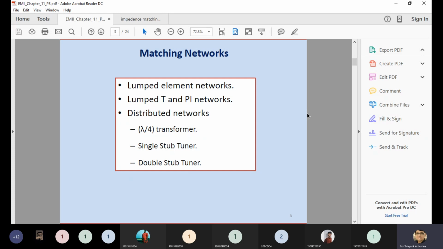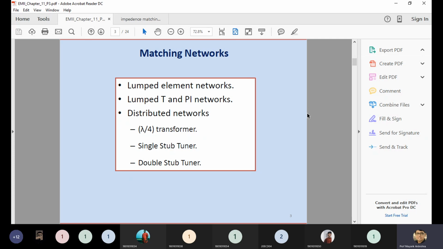Lambda by 4 transformer doesn't mean that we insert a transformer like those we see in the real world. The meaning of the lambda by 4 transformer is slightly different here. The second technique is the single stub tuner, and the third technique is the double stub tuner.